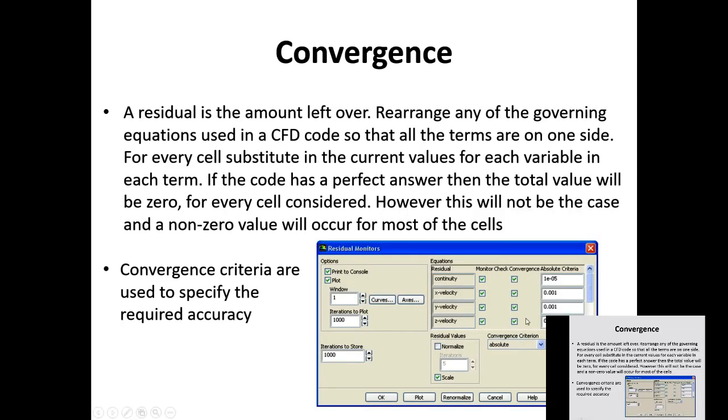Here you see that's for the continuity equation and the x, y, z velocities. These are the sizes of the residuals that you want.